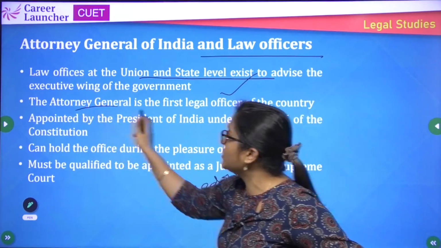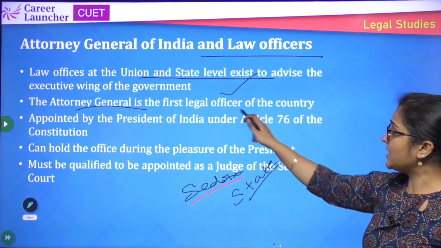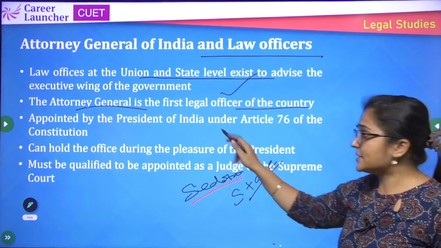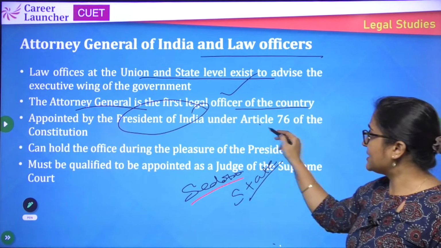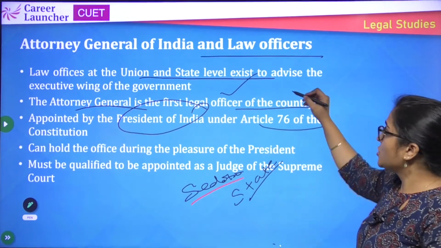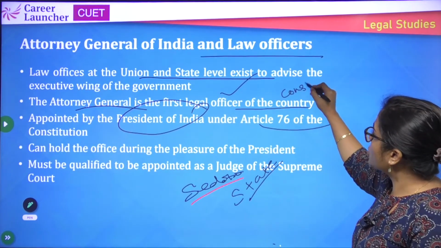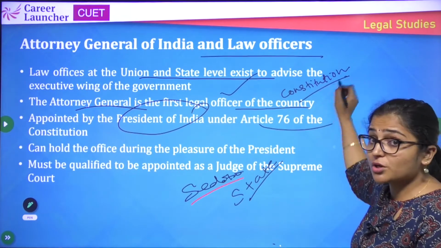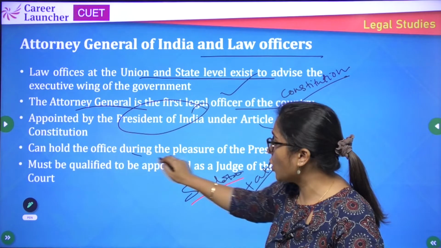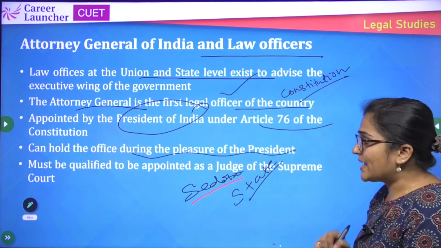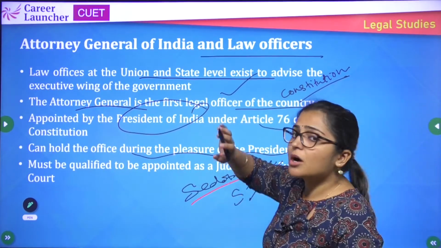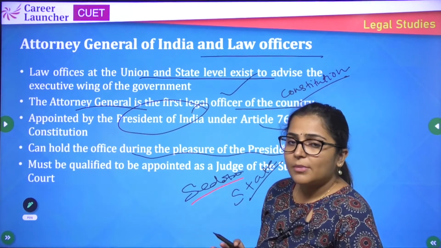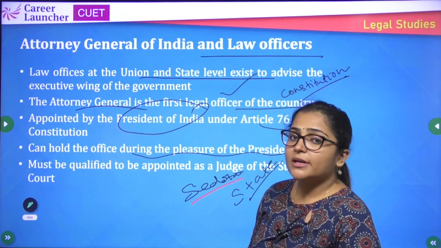At the center level, that law officer is the Attorney General, and he is the first legal officer of the country. He is appointed by the President under Article 76 of the Constitution. So we can also say that the post of Attorney General has been created by the Constitution. It's a constitutional post and he holds office during the pleasure of the President. When we talk about the Attorney General, I am a lawyer, but I cannot be appointed as Attorney General.